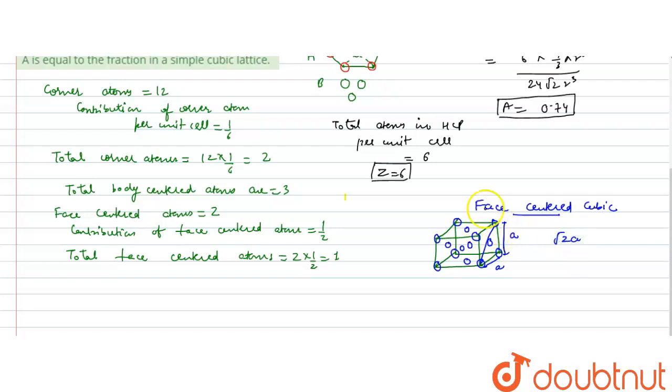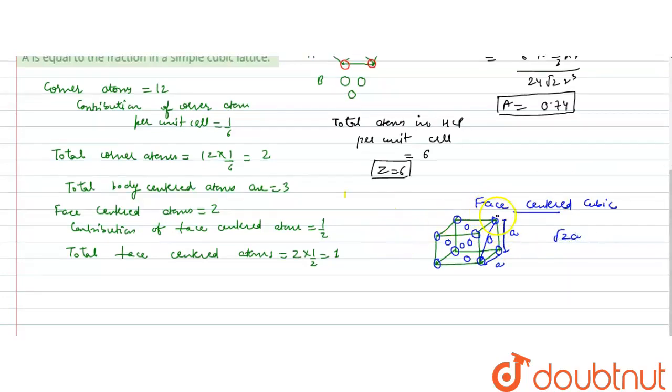So this root 2a will be equal to, if we see, one atom is present like this, and this half atom is present, and this half atom is present. So if the radius of the atom is r, it will contribute r, this is 2r, and this is r, so that will be 4r. According to a, it will be root 2a equals 4r. So we have a equals 4 by root 2 r.